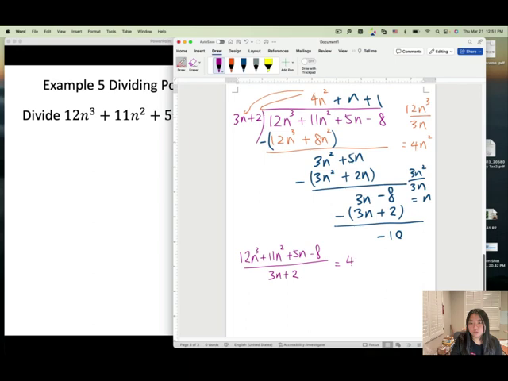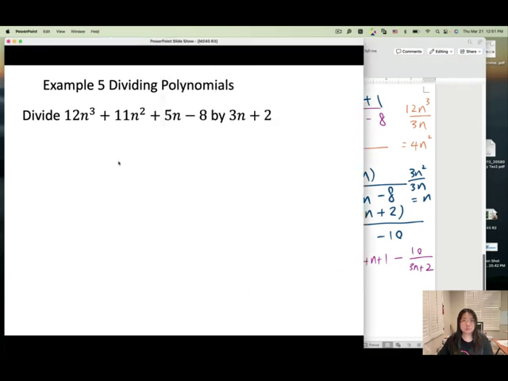That will be equal to the quotient, and then we have the remainder, so minus 10 over 3n plus 2. Okay, this is going to be your final answer. Okay, right? On the exam, I need you guys to write it this way. Okay, check your work.